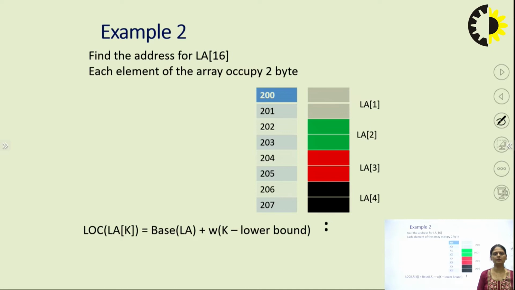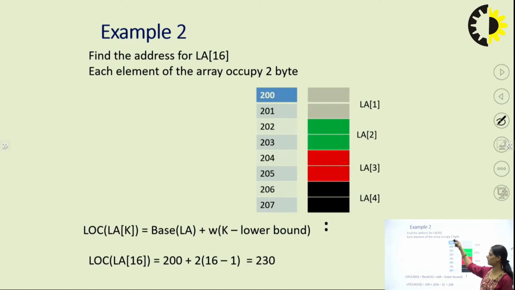Again we have applied the formula, and LA[16] is equal to 200, that is the base address, plus W. W is the size, and we can see it is occupying 2 bytes of memory. So W is 2. K is 16, because we have to find the kth index. So the 16th index we want to find, minus the lower bound, and it is given that the array starts from index number 1. So it is evaluated to 230. 230 is the address of the 16th index number element.